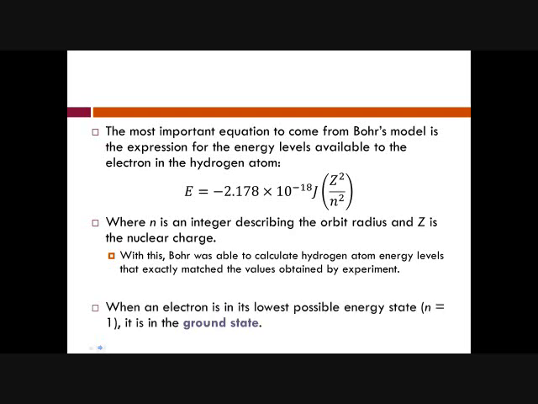Bohr is able to calculate hydrogen atoms' energy levels that exactly match the values obtained experimentally. So that's why it works so well for hydrogen, because everything mathematically was fitting the test.